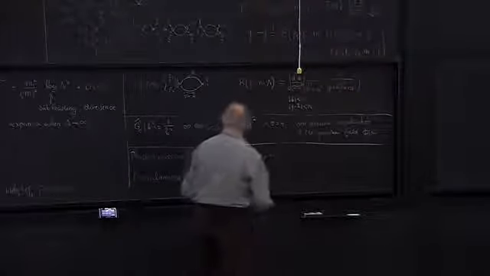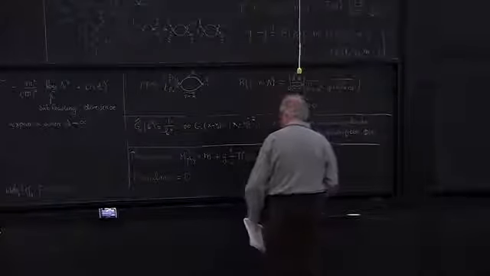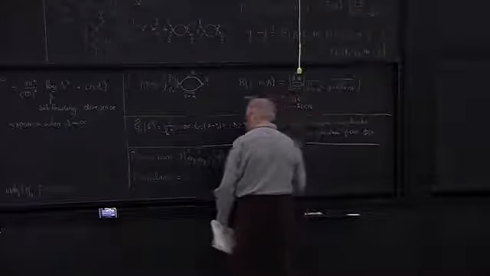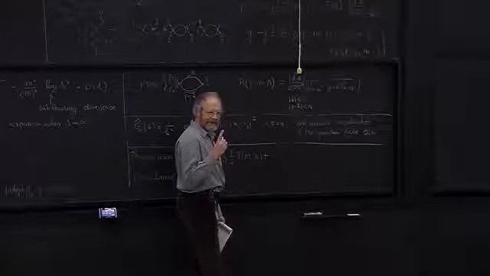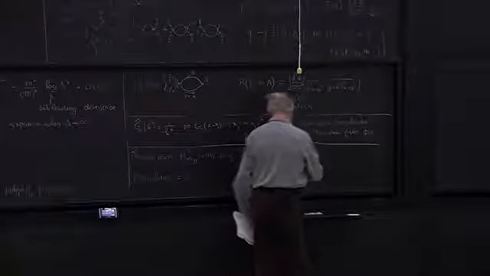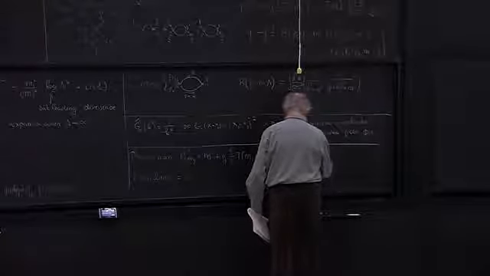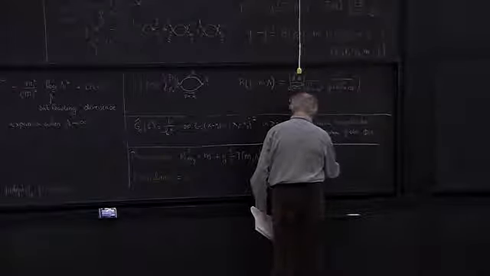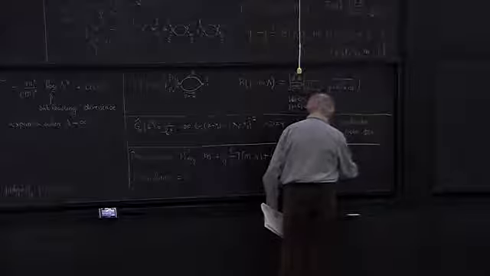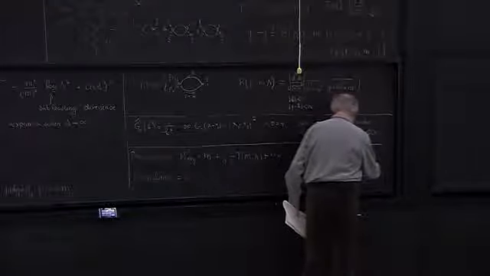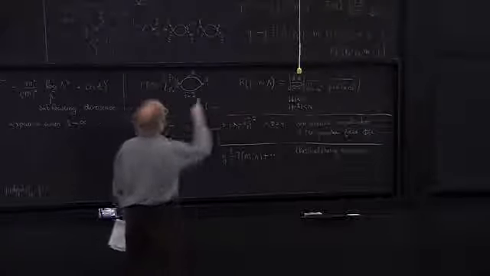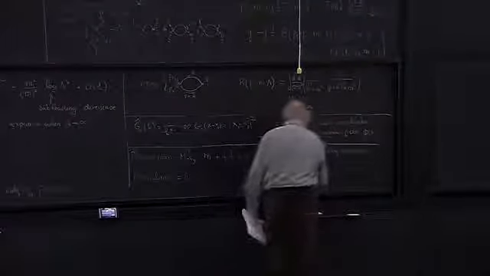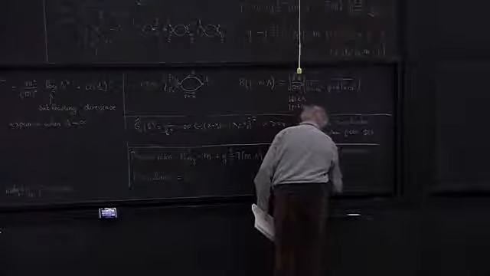So if we start from a theory that is classically massless, a classical theory that is massless, then in the classical action my coefficient b here is 0.